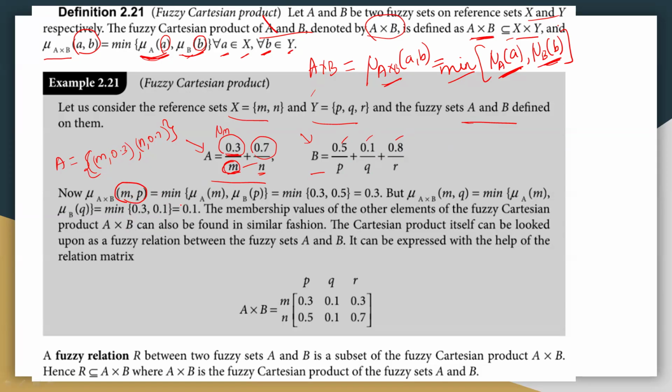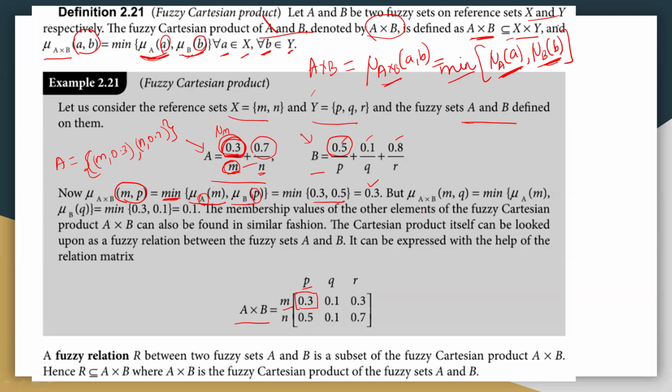For this we have to find the minimum of the membership values of m and p, using the equation: minimum of the membership value of m in fuzzy set A and the membership value of p in fuzzy set B. The membership value of m is 0.3 and that of p is 0.5, so the minimum of 0.3 and 0.5 gives 0.3. So for m and p, the answer is 0.3.